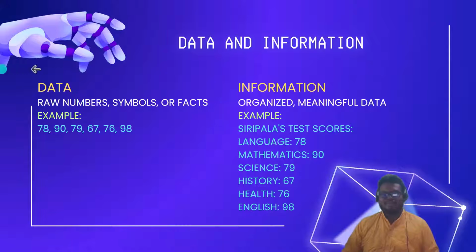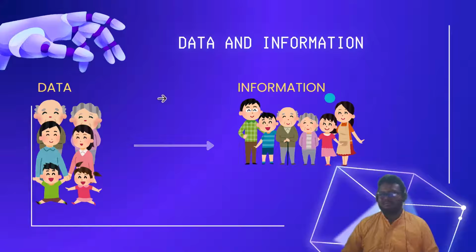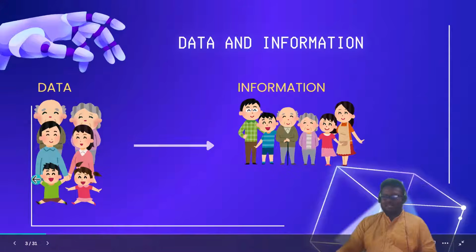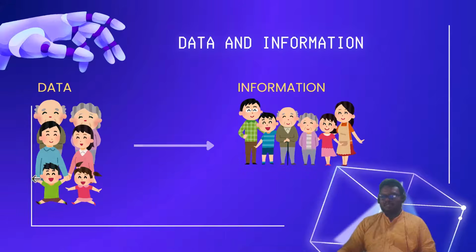Let me share some coolest examples. Think about family photos, children. When you see individual pictures, they are just data, images of different people of a family: grandfather, grandmother, mother and father, son and daughter.